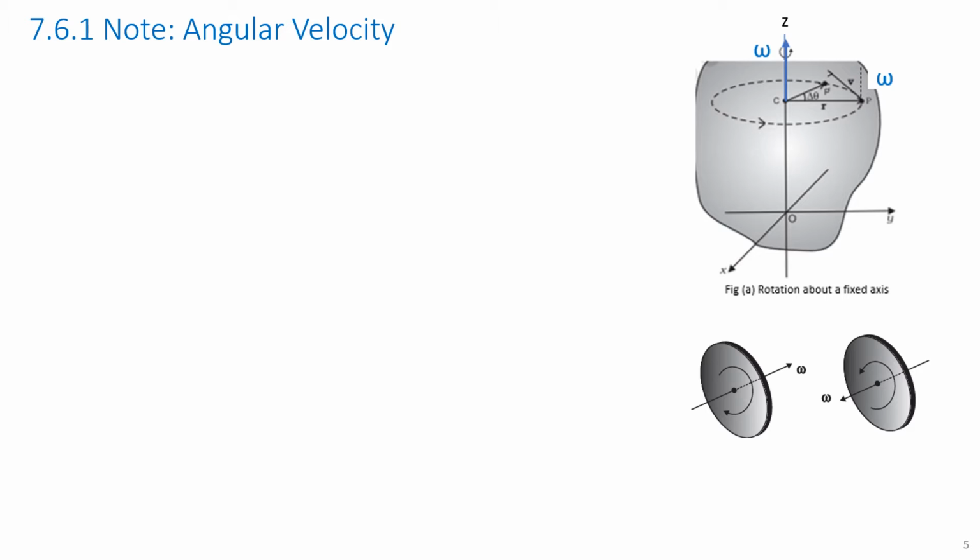Some important points regarding angular velocity. The figure shown on the right hand side is repeated from the previous slide. X, Y, Z are three coordinates meeting at the origin O. Z is a fixed axis and C is a point on this fixed axis.